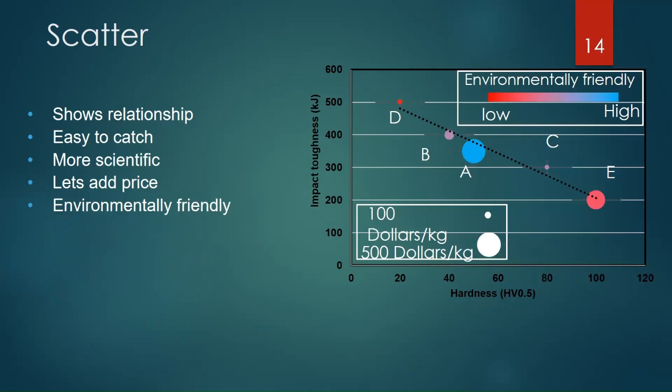Also, the interesting part is the color. And you see, by giving different colors to each circle, you can give even more information than the price. So it's not just the location of the points, the size of the points, and also the color of the point. So you see, scatter plots are very good to present more information.